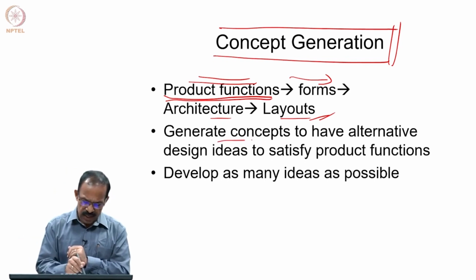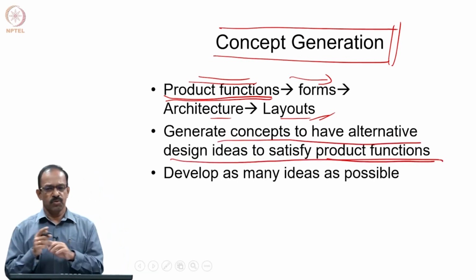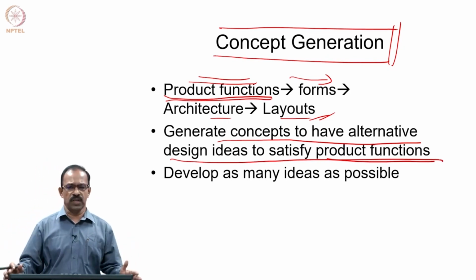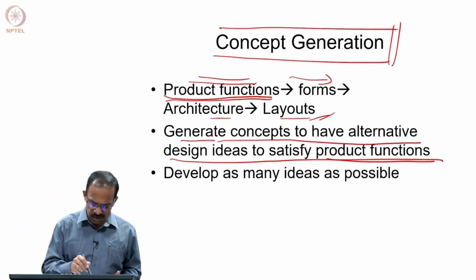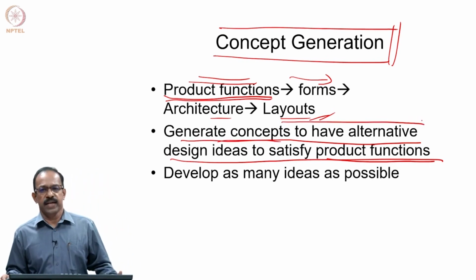Okay, and then generate concepts to have alternative design ideas to satisfy the product function. So, I take one or two functions, or a few functions, and then generate concepts to have alternative design ideas.